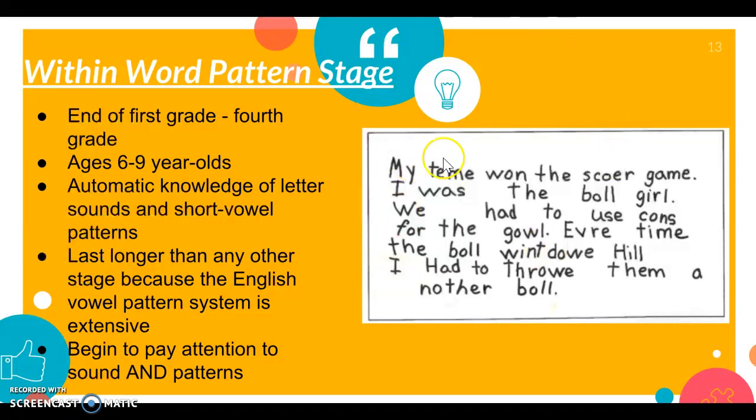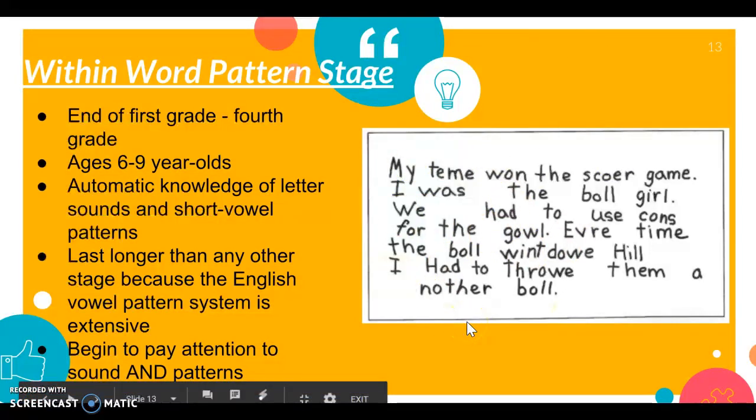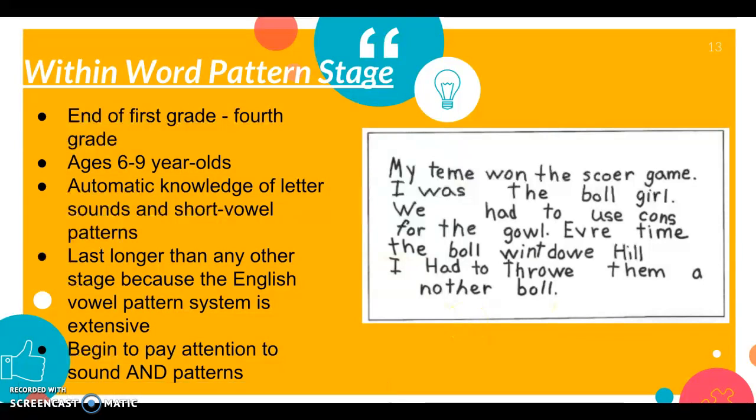If we take a look at Kim's writing right here, this is an example of an early within word pattern speller. She spells many short vowels and high frequency words correctly, such as hill, had, them, girl, and one. She also spells some common long vowel patterns correctly in CVC words like time and game.